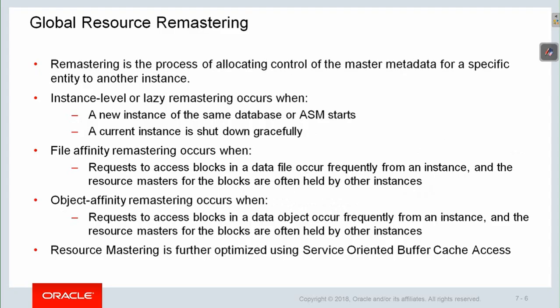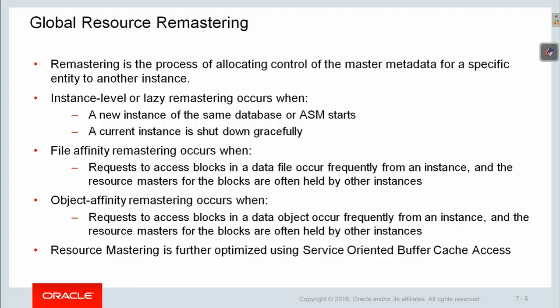And global resource mastering. Remastering is the process of allocating control of master metadata for a specific entity to another instance. For example, we have an object with 100 blocks, and as time goes on, Oracle assigns the ownership of those blocks pretty much evenly.